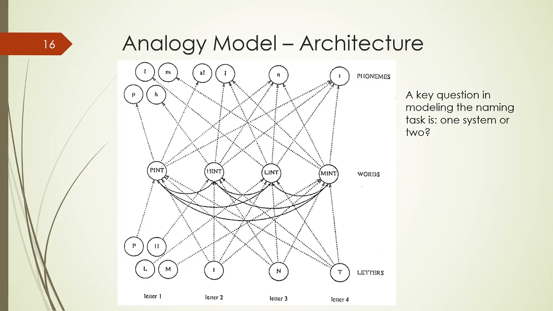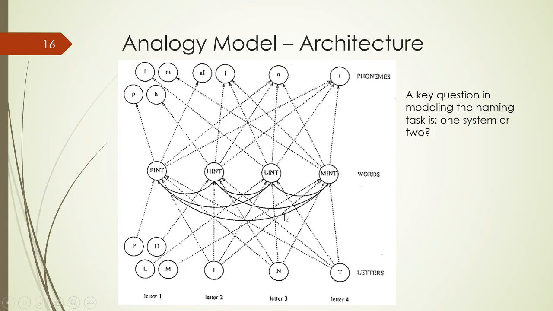If they're words that we're used to seeing all the time, aren't we really just retrieving that pronunciation from memory? And this is the crux of the debate. How much do we have to account for rule systems, phonics rule systems, and how much do we have to account for retrieved pronunciations based on words we know?